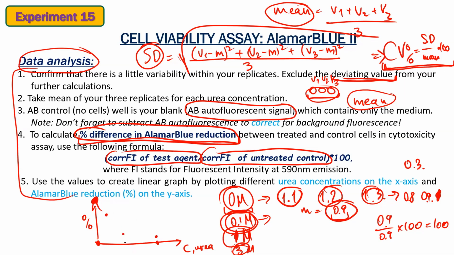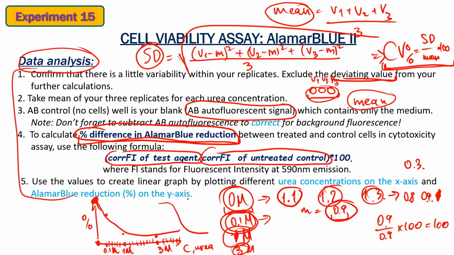So we assume that this is 1 molar, this is 0.1 molar, and here we have 3 molar concentration. And of course, you see that we have some kind of graph that represents the cytotoxicity of urea. If you have many different concentrations, the graph would be much more precise, and most probably you will see something like this.